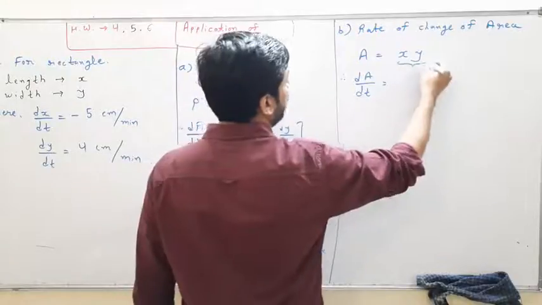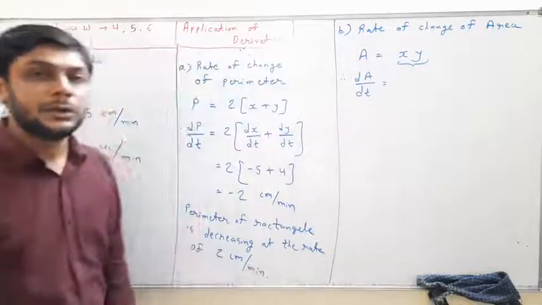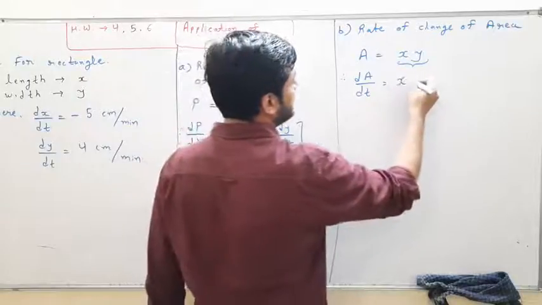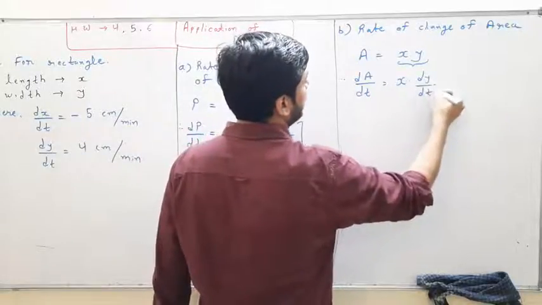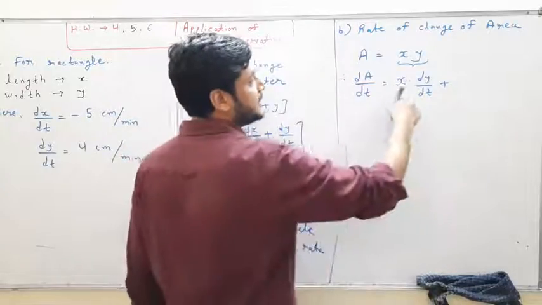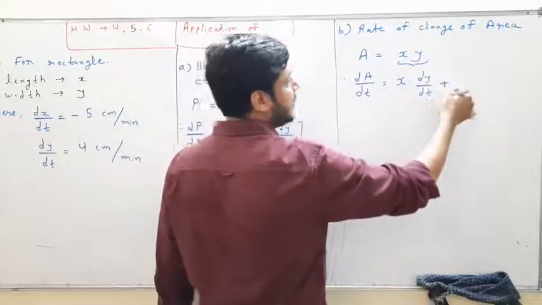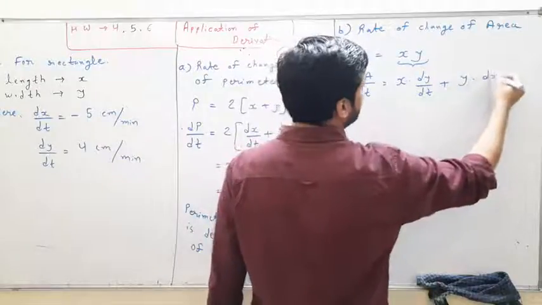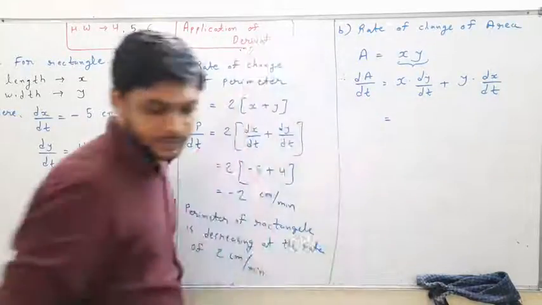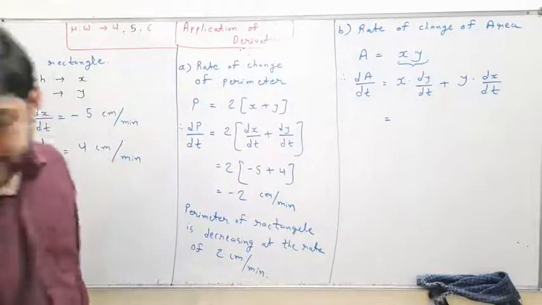Here there are two variables in multiplication, so you have to use the product rule. The product rule is: first quantity as it is, differentiation of second quantity with respect to t, because here we differentiate with respect to time. So x as it is, differentiation of y is dy by dt, then y as it is, differentiation of x is dx by dt. In the question it is given when x is 8 and y is 6.